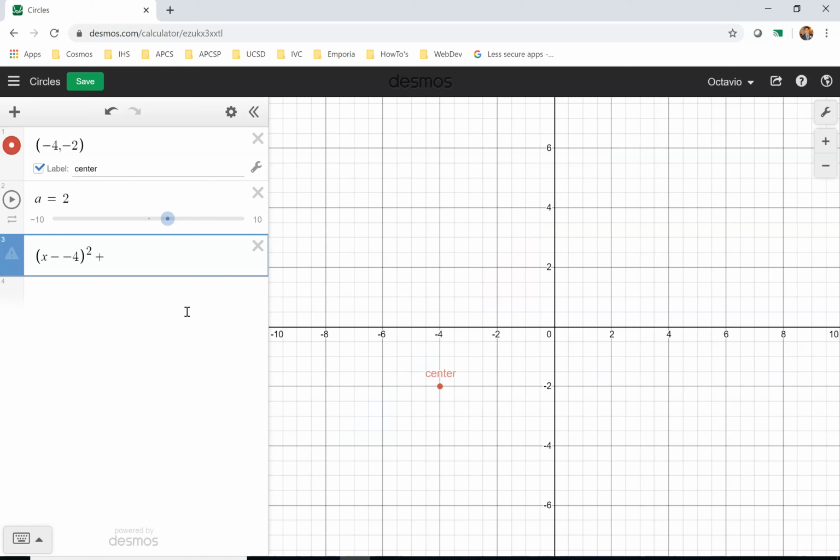And then I would put plus y minus k. k is -2, so y minus -2, and then I would square that. And then I would put it equals the radius, in this case a, or if you want, you could put 2 squared. And so notice how it draws my circle centered at this point.